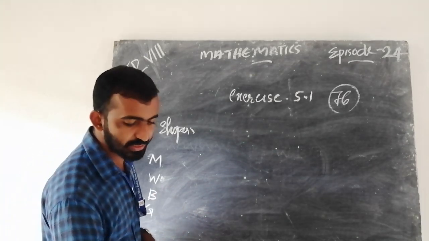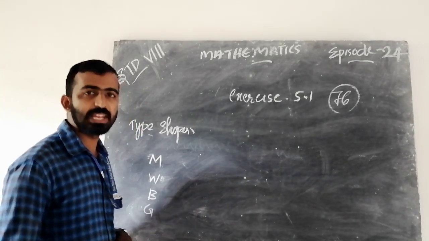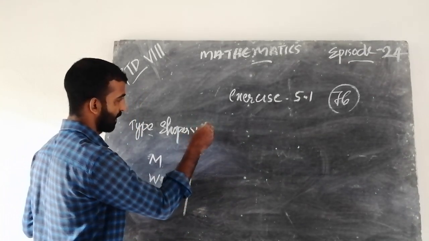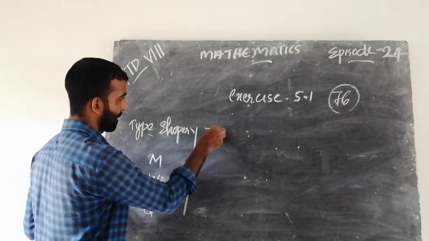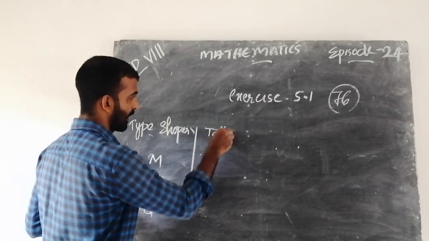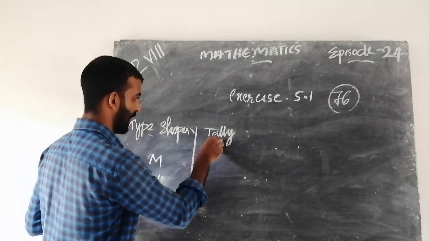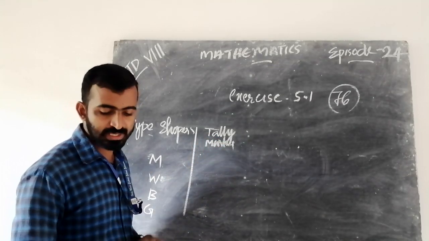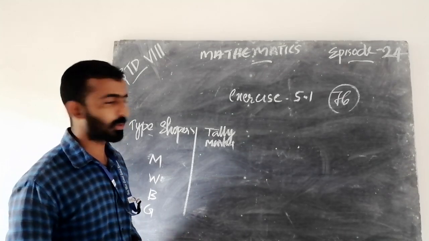And next is the tally marks. And next is the frequency, or number of shoppers.